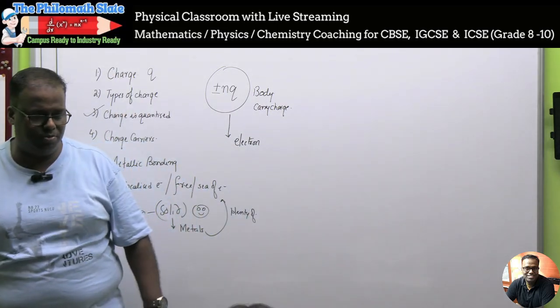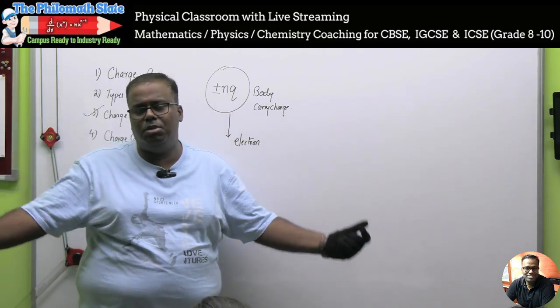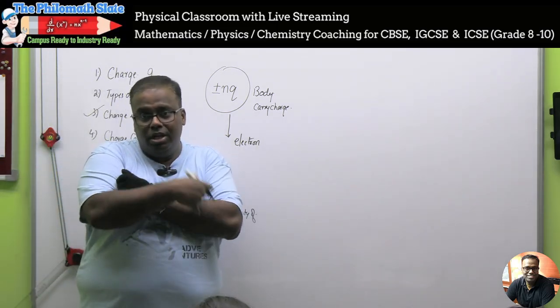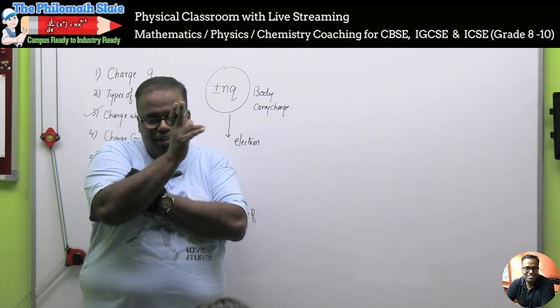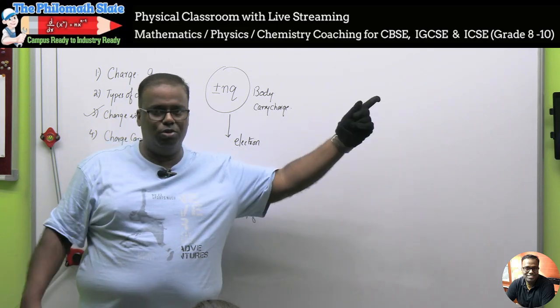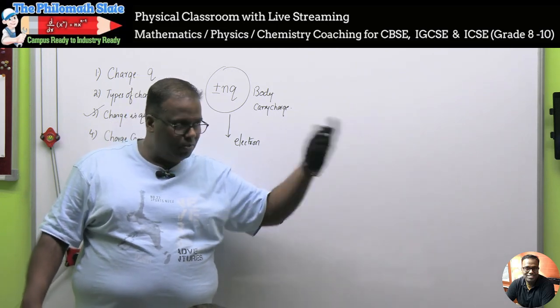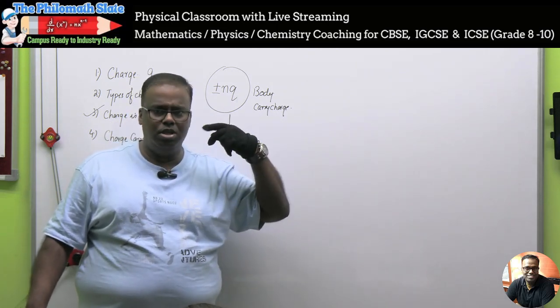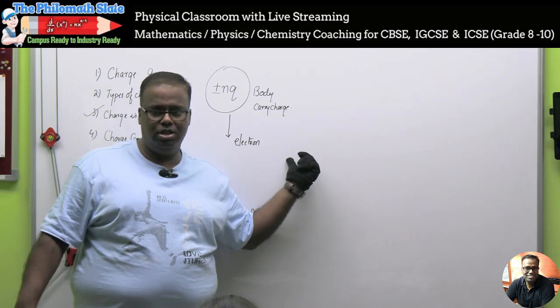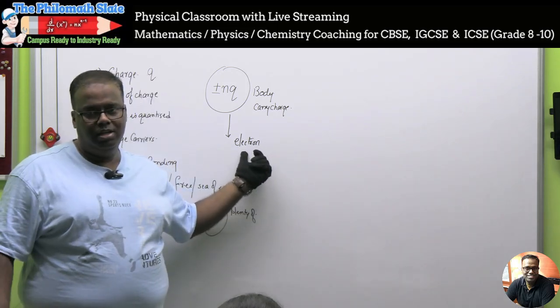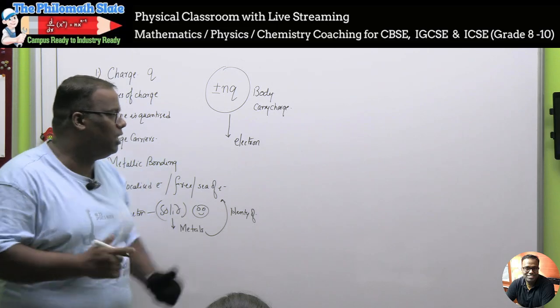Protons never get transferred. Protons are like the ducklings and the mother duck has held them. And among electrons, the outermost ones, what do we call them? Valence electrons. And the inner ones are bound electrons. Not bound electrons, only valence electrons are our charge carriers. So in this chapter, electrons will be our charge carrier.